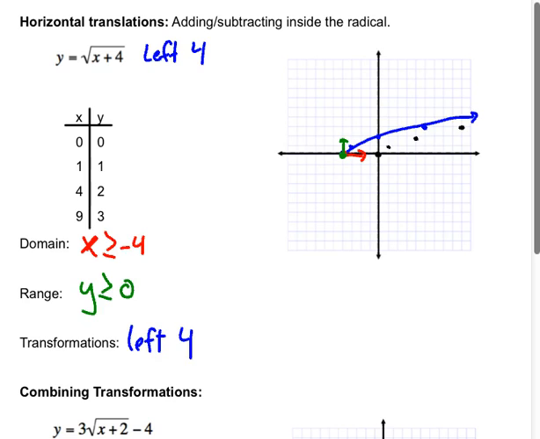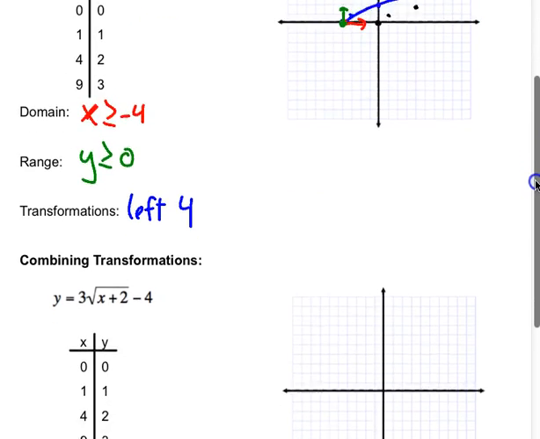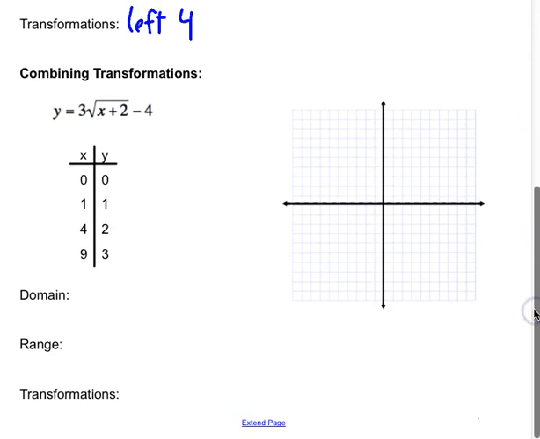So let's keep moving forward. Let's talk about how we can combine transformations. Because that's going to be the ultimate goal here: can we combine a bunch of these things happening together? Now, remember, this is the circumstance. Notice I have this vertical stretch now. Remember, that's the circumstance.